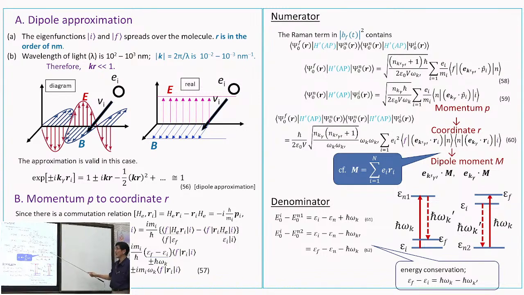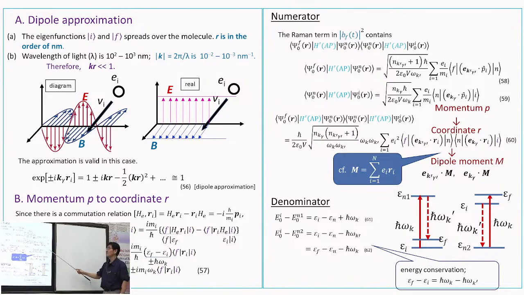Okay, some coefficient newly appears here. And further, the coordinate r can be replaced with the dipole moment m.